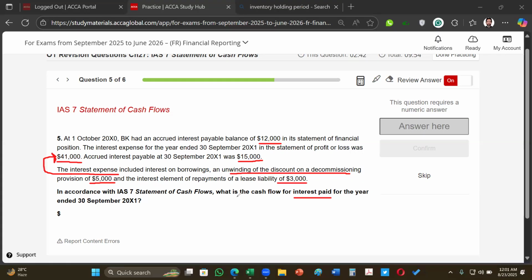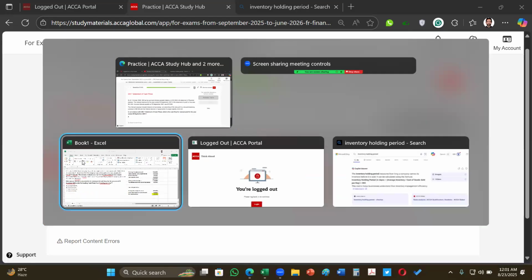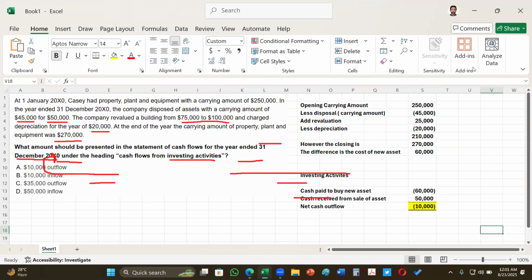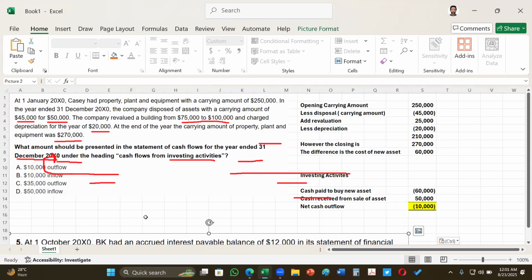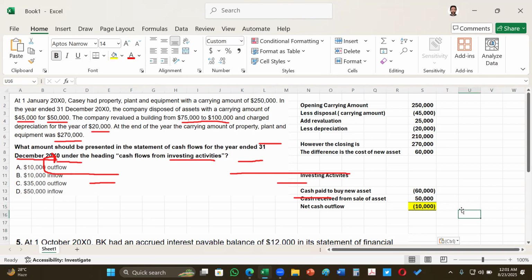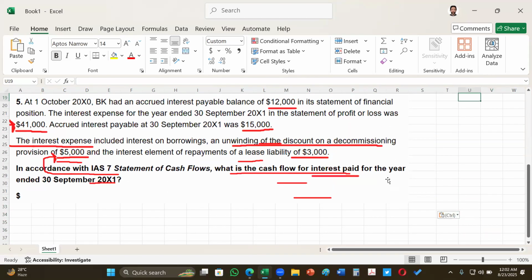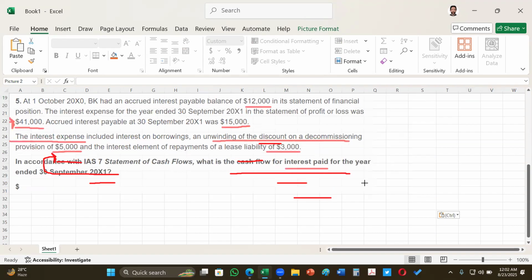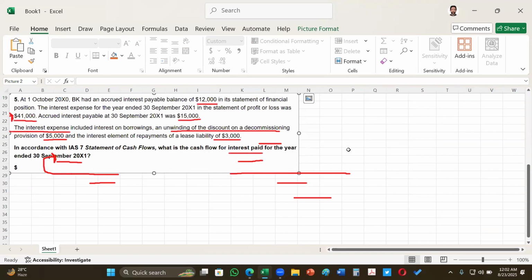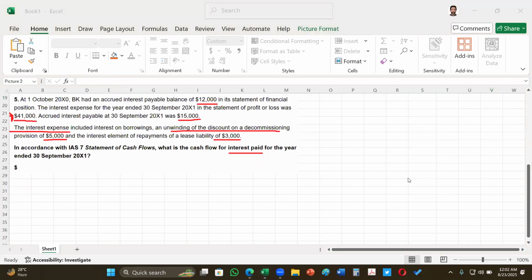Both the interest payments are included in the 41,000. So if we take this one here. So we have this.